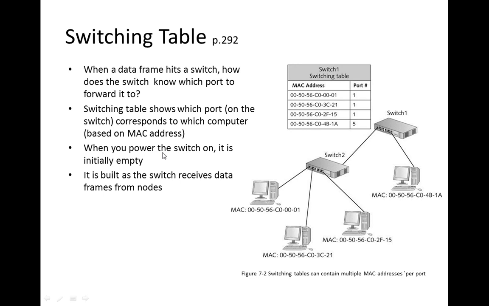When you power the switch on, initially the switching table is empty. It is built as the switch receives data frames from the network. So you don't need to do anything about it. You don't need to configure it, but it's an important thing to understand when troubleshooting later on down the road.